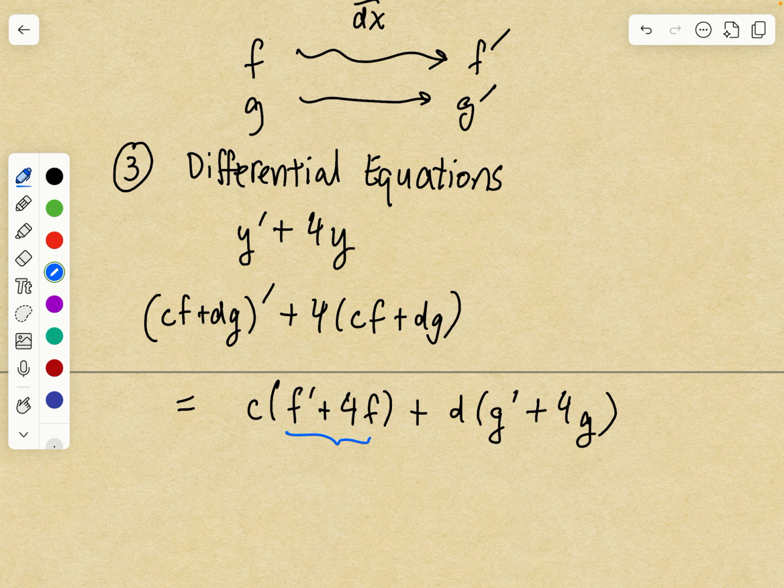You see, this is my output applying y equals f, and that's my output applying g as my y. And then when I make cf plus dg my y, I get the corresponding linear combination of the outputs.